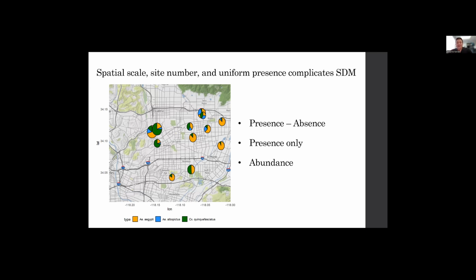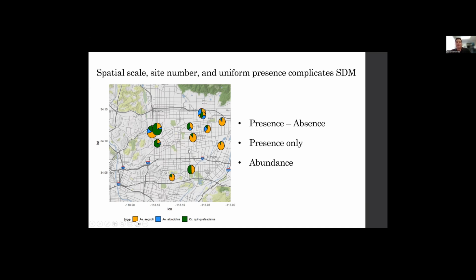If we look at presence-absence, in all 12 of our sites we got some amount of Aedes aegypti and Culex quinquefasciatus and a varying amount of Aedes albopictus, so we can't really use presence-absence. Presence-only relies on pseudo-absences, where you take nearby points that you didn't trap at and assume the species isn't found there, which I don't think would be appropriate for this data because the mosquitoes are there. And the last one is abundance data, which could work because we did get some gradients of abundances. However, you get into a more computationally difficult space, and we'll address that later.